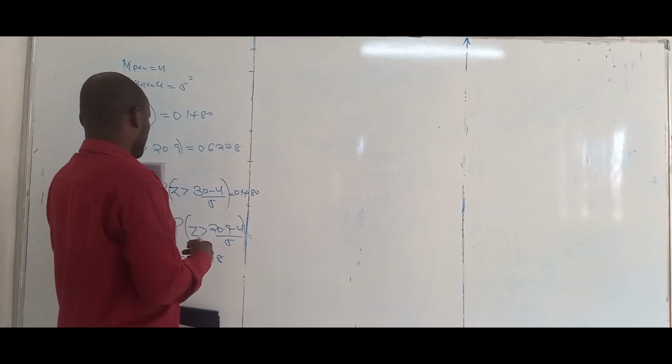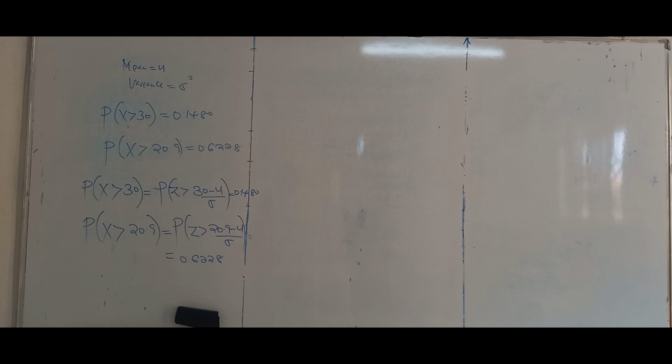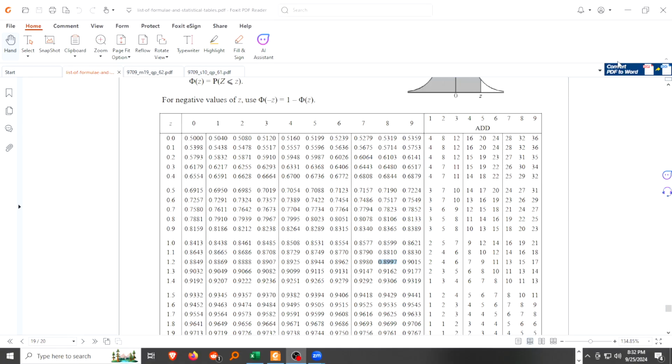So the Z value that corresponds to the probability that X is greater than 30, which is 0.1480. For us to get the corresponding probability from the table, we subtract 0.1480 from 1. That gives us 0.8520. We check for 0.8520 within the body of the table, because now this is the probability.